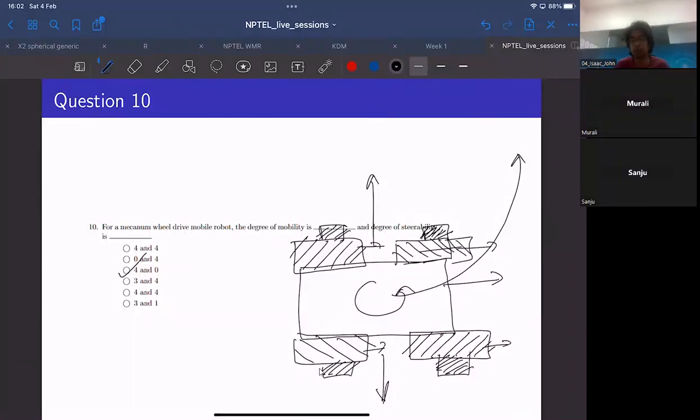And if you want to move in a counterclockwise direction, you would rotate the inner wheels in one direction, and your outer wheels would have more velocity than the inner wheels. Similar combinations would be discussed in the next week. So I hope the reasoning for the answer is clear: mobility is 4 and steerability is 0.